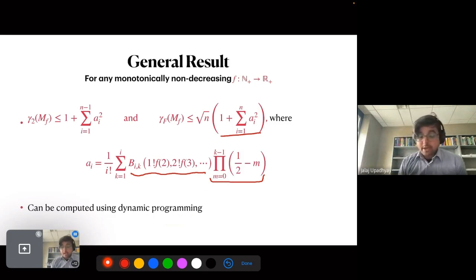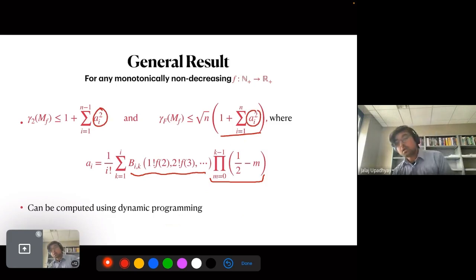Now I can explicitly compute all these values for any function that you care about, literally any monotonically non-increasing function which maps from positive natural numbers to positive real numbers. So I have explicitly taken out 0 from it.